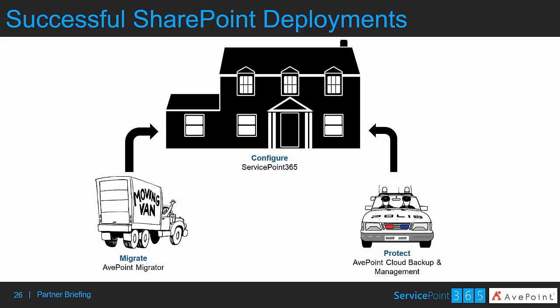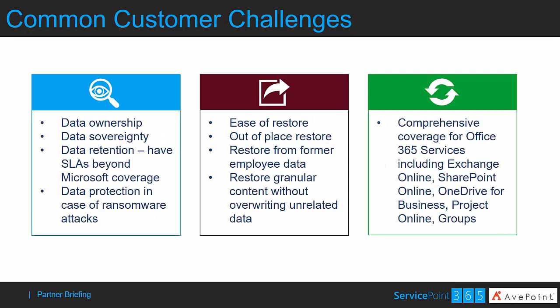The reason why we say that is that there are a lot of challenges that typically come up usually right after the migration is complete or right after users start using Office 365. So we'll break it into two key challenge areas. The first one is around management of Office 365, and then preceding that, we're going to talk about what it looks like from a protection, a content level protection in Office 365.